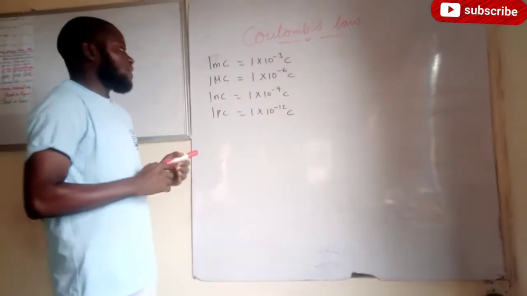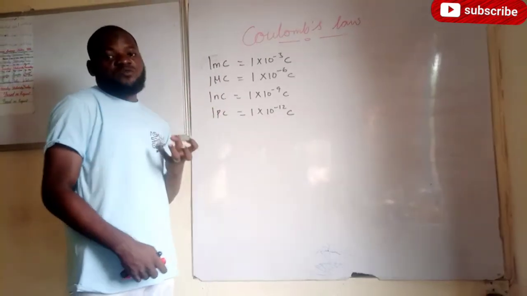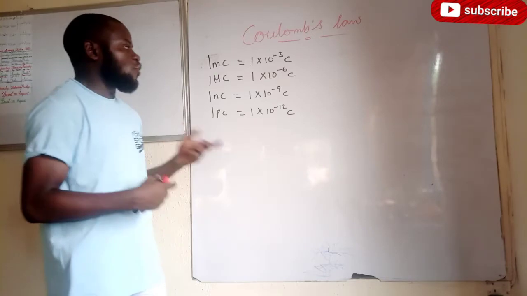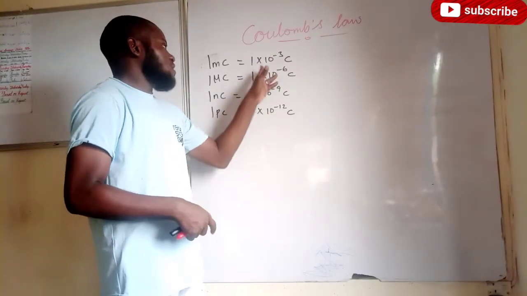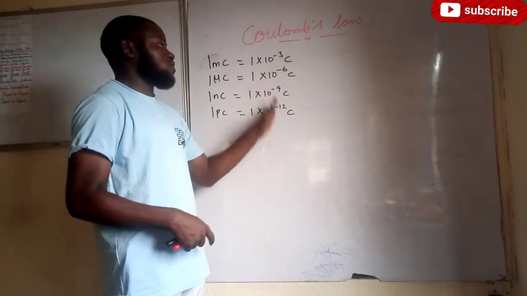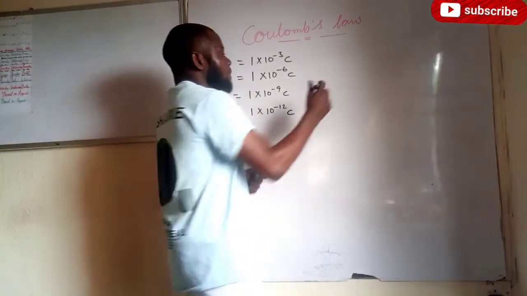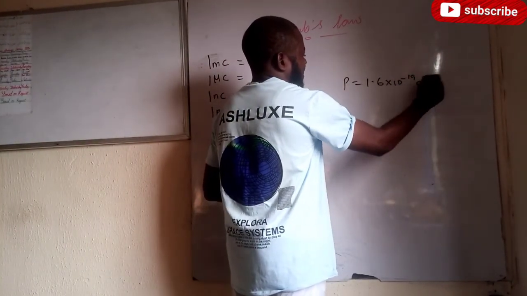We have to understand all these conversion units. Why? Because the charges we might be dealing with are very, very small. So there is always need for us to convert them to coulomb. And if you have to do your conversion, you must memorize all of this. Are we together now? So, one proton is 1.6 times 10 to the power of minus 19 coulomb.